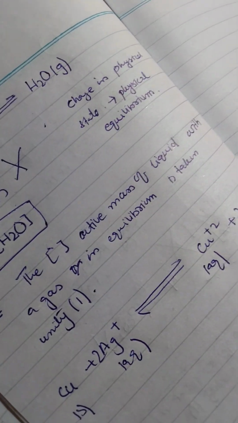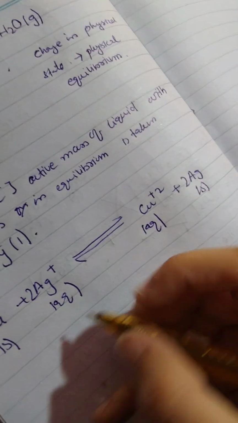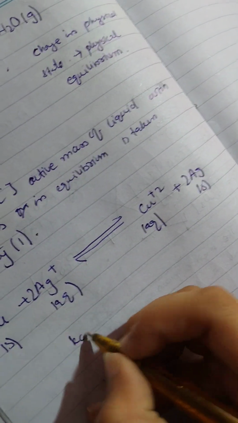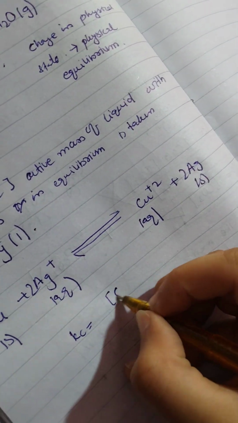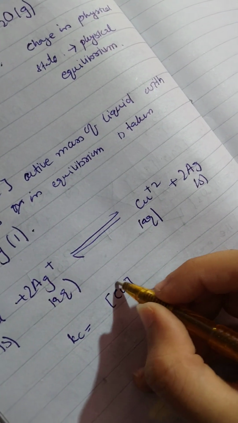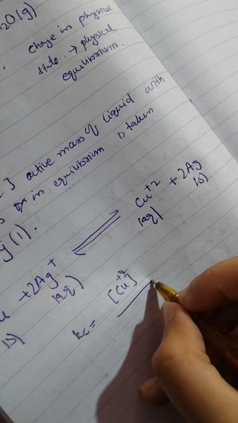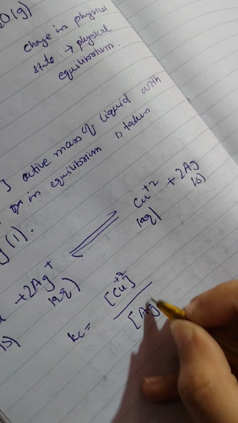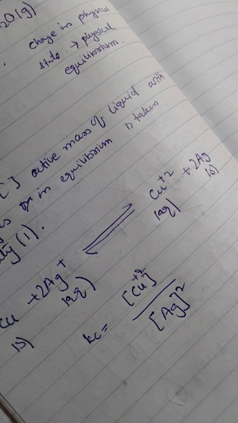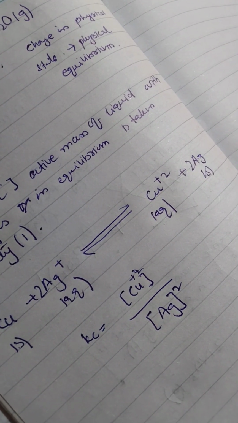So now what will be its Kc? Now you know the rule number 1. So here Kc will be basically copper 2 plus upon Ag plus 2. This will be the Kc.